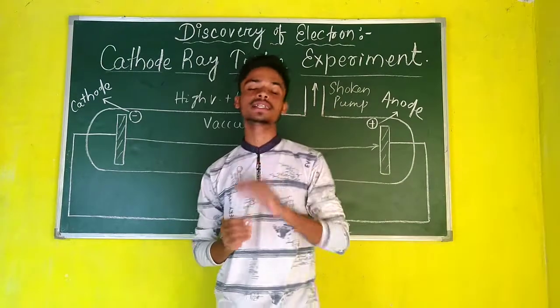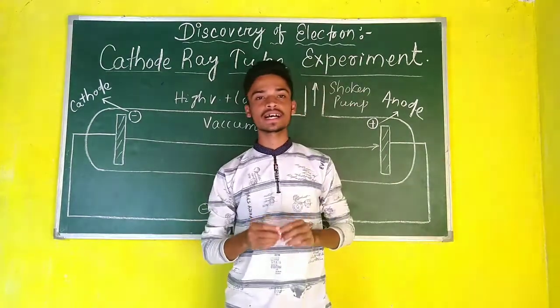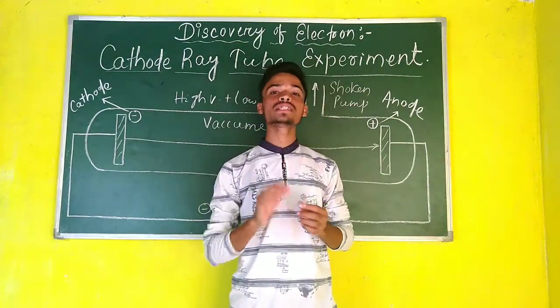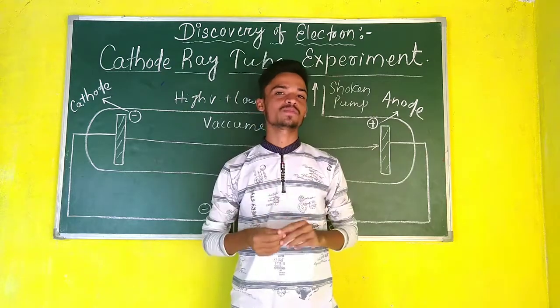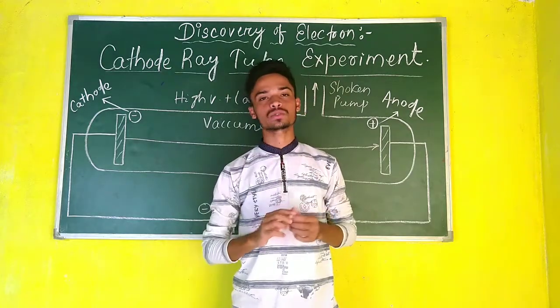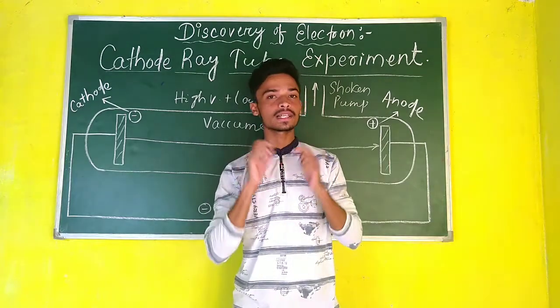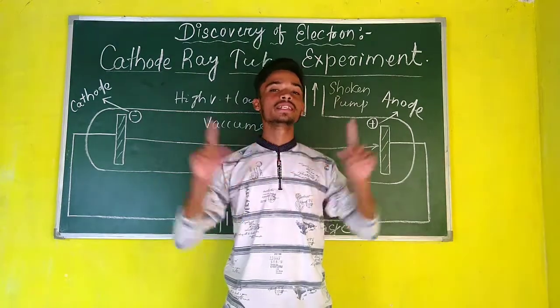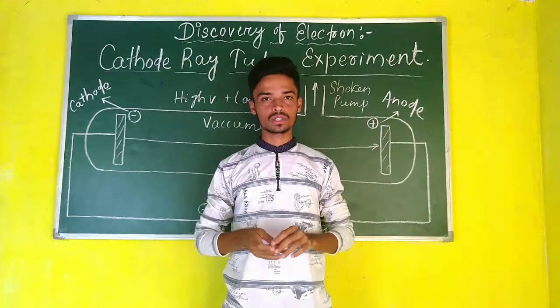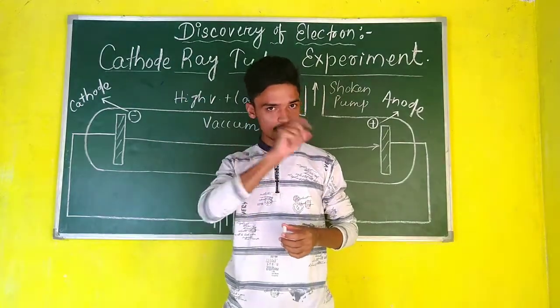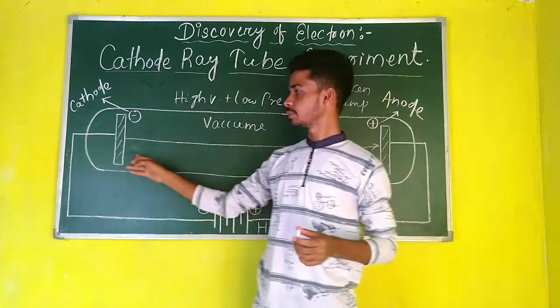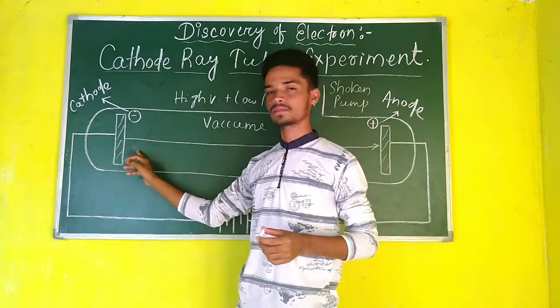J.J. Thomson said that a negatively charged particle present in an atom, these are electrons. So Thomson made the discovery of the electron. Students, the atom is electrically neutral and this metal rod is also electrically neutral.